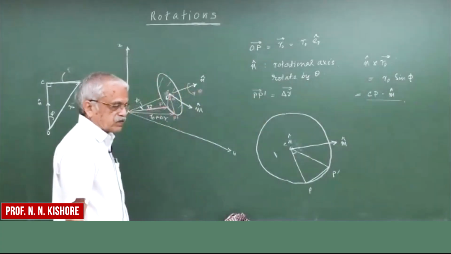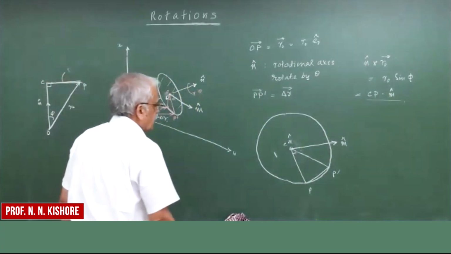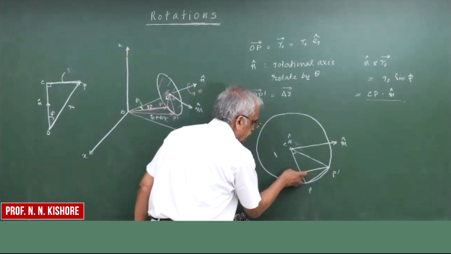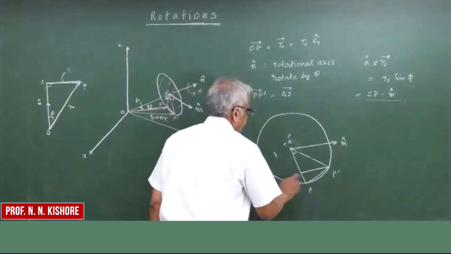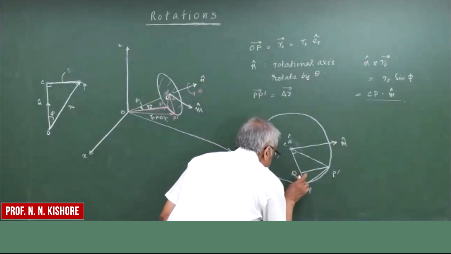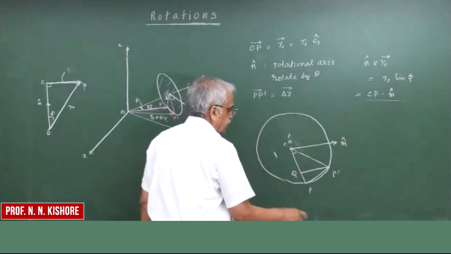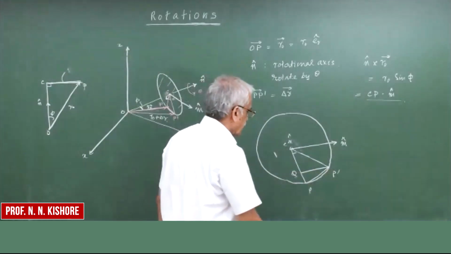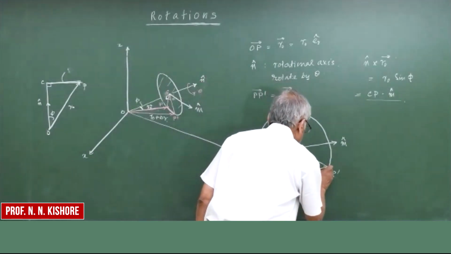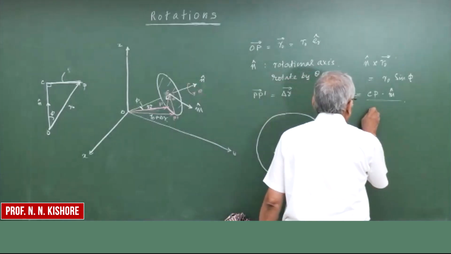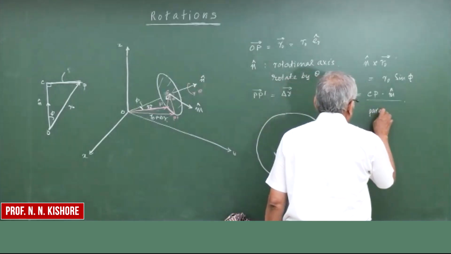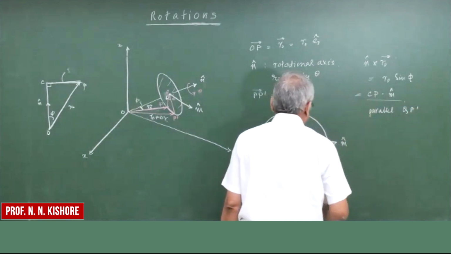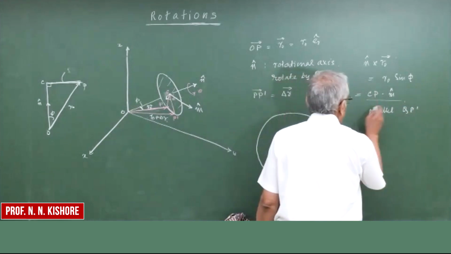So if that is the case, let us say this is Q. It is parallel to QP prime, and its magnitude is CP.